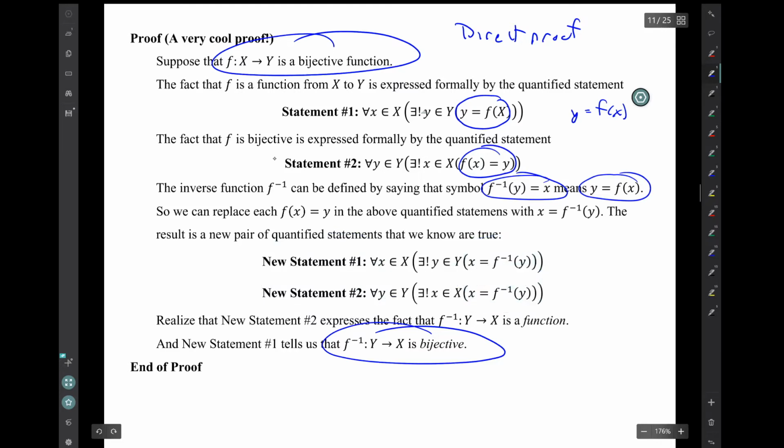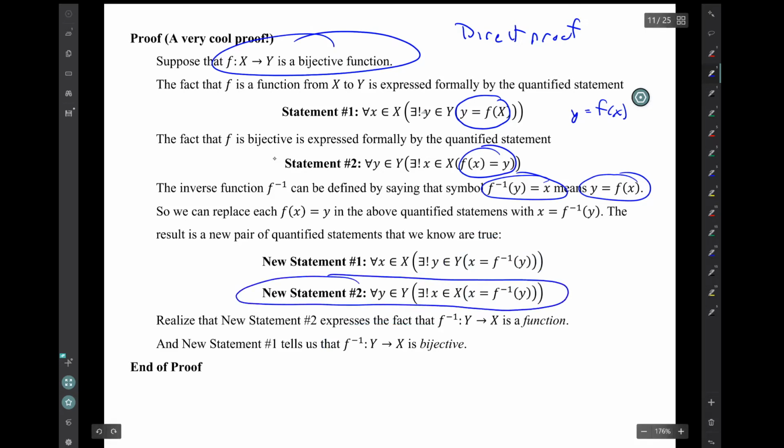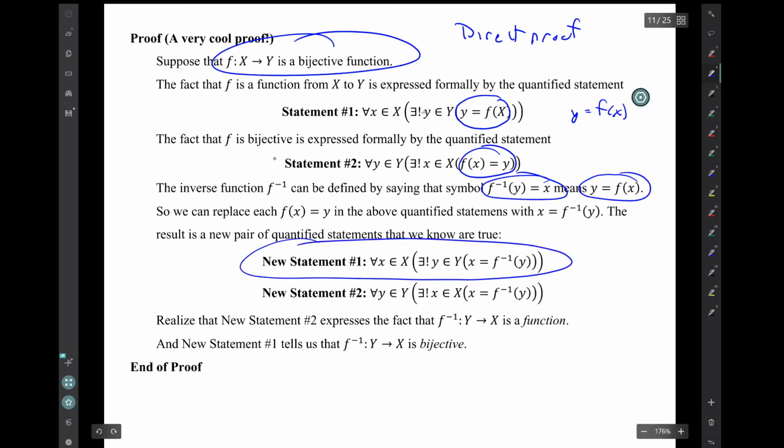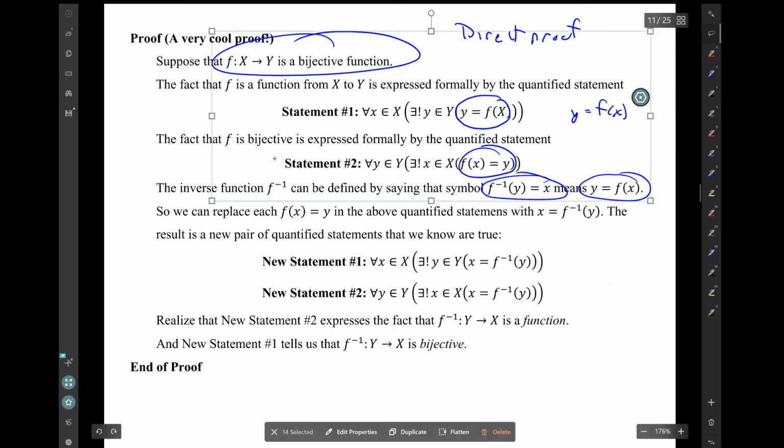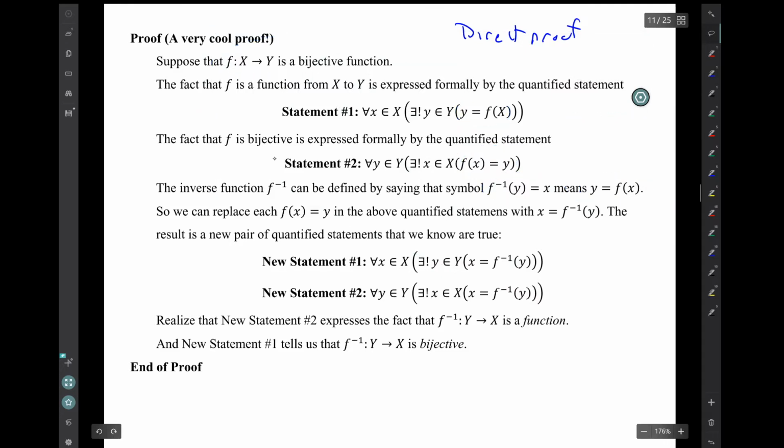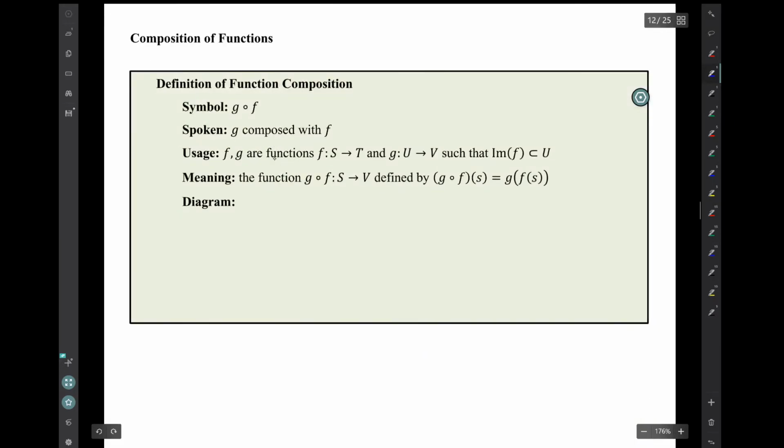Now if you scrutinize these statements, this new statement 2 expresses the fact that this thing, f inverse, is a function. And this new statement 1 expresses the fact that f inverse is bijective. So there's actually nothing to this proof. We simply swapped our symbols and we found that we got the expression that we needed to show that the inverse function is bijective.